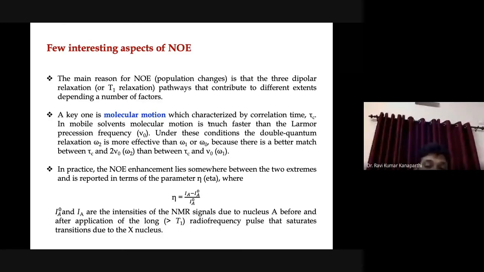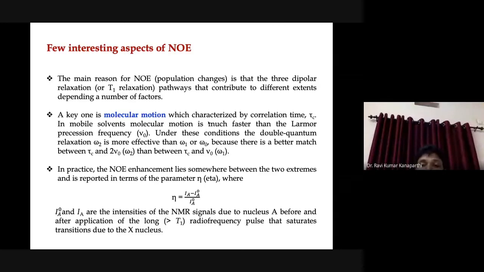NOE is essentially happening because of the dipole-dipole interaction. As a result, the signal enhancement or decrease will happen. That's the broad idea of NOE, and this is happening because of molecular motion, which is governed by several factors.